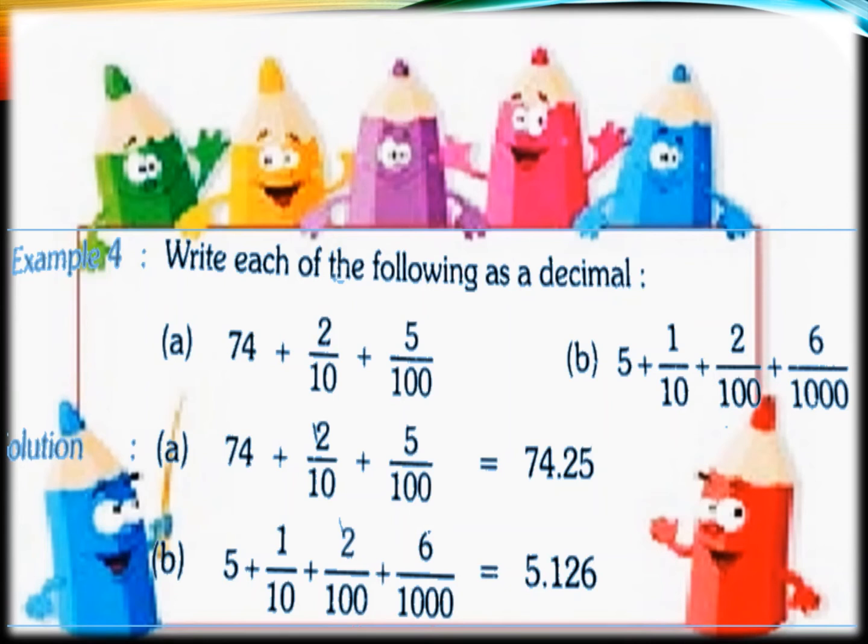Another example, 5 is the whole number, 1 upon 10, 2 upon 100, 6 upon 1000. Same as before, 5 whole number, 1 at the tenths place, 2 at the hundredths place and 6 at the thousandths place. Make it a point, if there is no hundredths place, we put 0 for that. If there is no tenths place, we put 0 for that too. Fine.